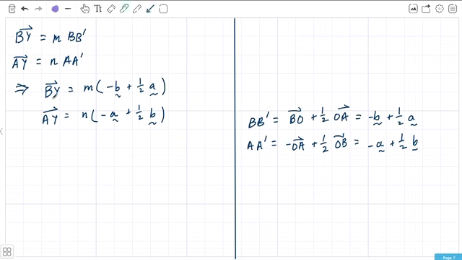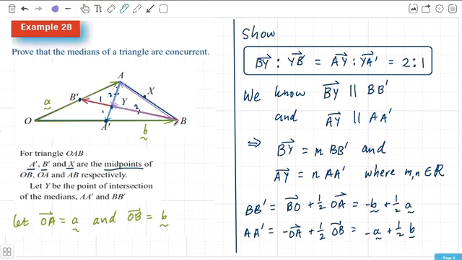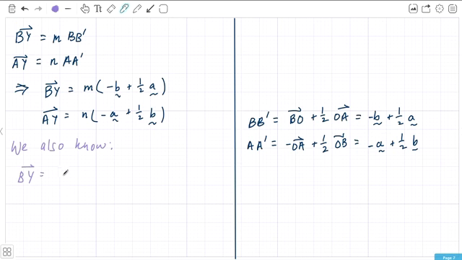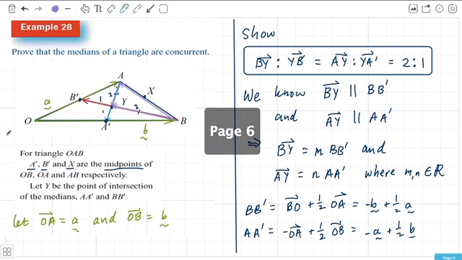So we also know that BY is equal to, and just looking at the picture again, BY is the same as going BA plus AY. BA plus AY. And how can we express BA? Well, let's check out what we've got here.